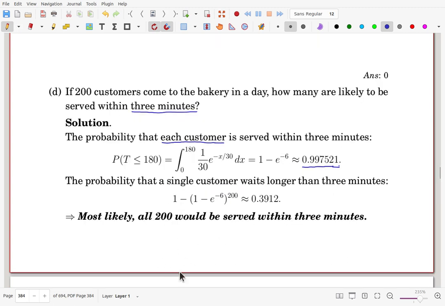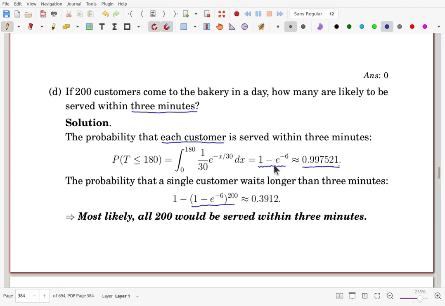So for each person, such a good probability. Now, we try to consider that at least one customer is waiting longer than 3 minutes. If all 200 customers are served within 3 minutes, then the probability is basically this one, right?